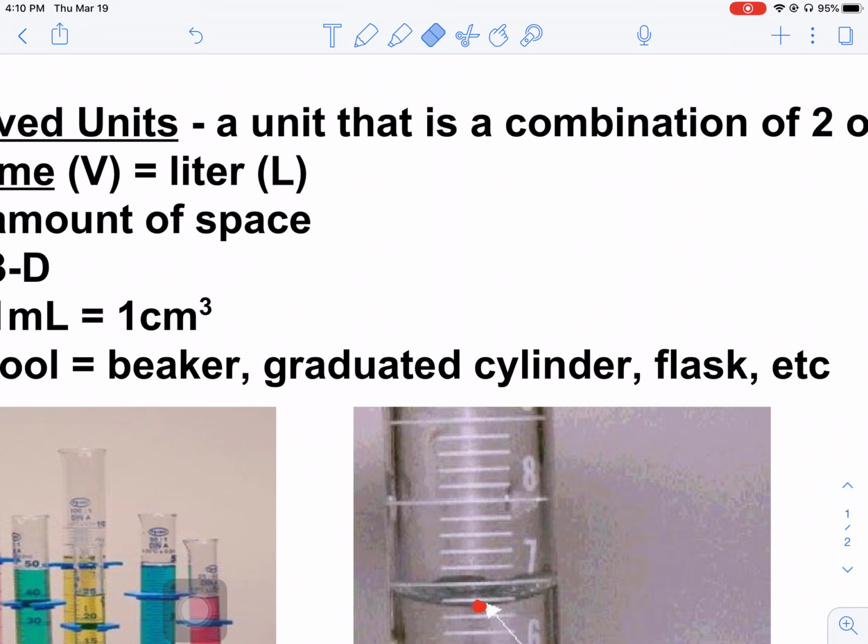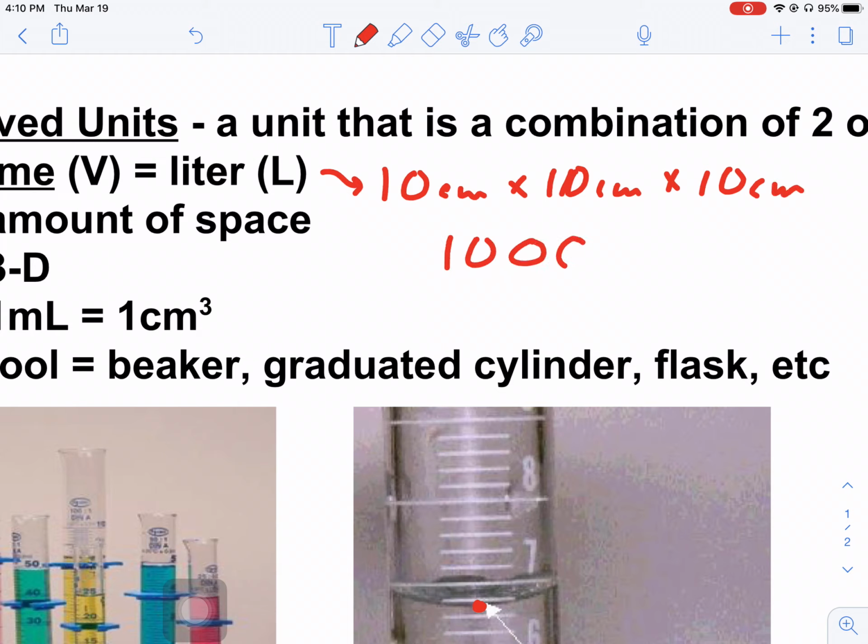Now, liter may look like a base unit, but a liter is really equal to 10 centimeters by 10 centimeters by 10 centimeters. So if we had a cube that was 10 centimeters on all sides, it would be 10 times 10 times 10, or 1,000, and our unit would be the centimeter times a centimeter times a centimeter, or a centimeter cubed.